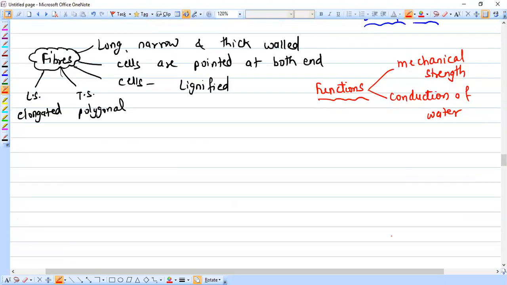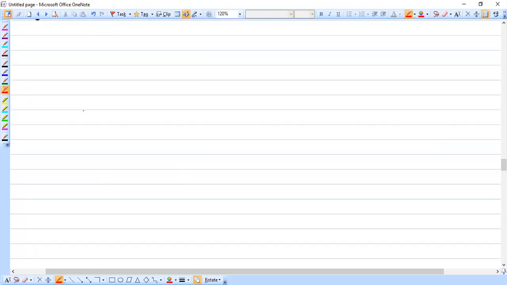Let's talk about the next important part of Sclerenchyma, which is called sclerids. Sclerids also have a lignified cell wall. They have a lumen, or small space, present. With respect to sclerids, they are isodiametric, so as far as diameter is concerned, it is the same.